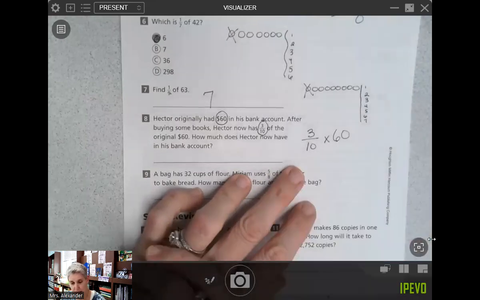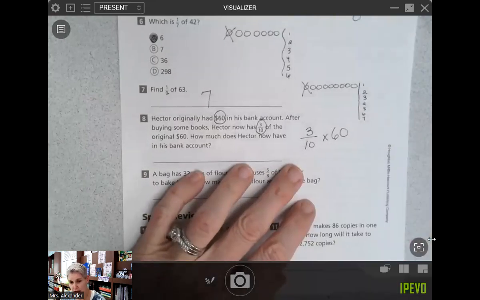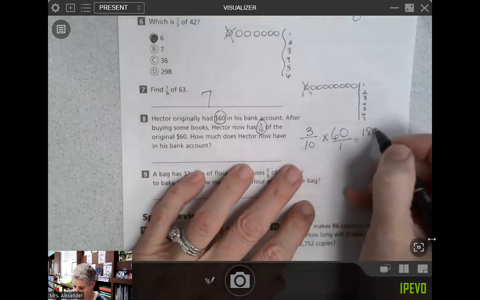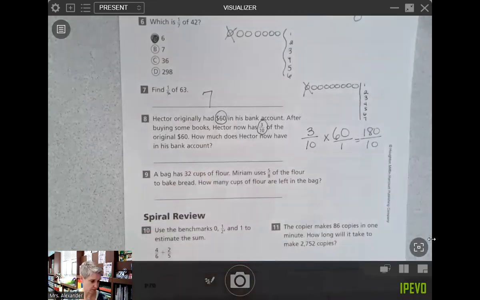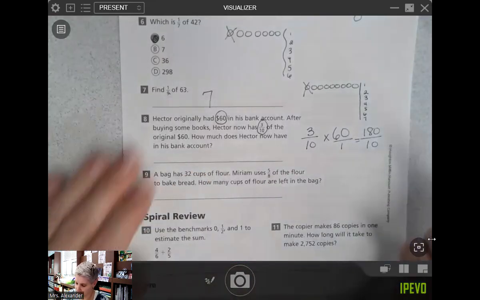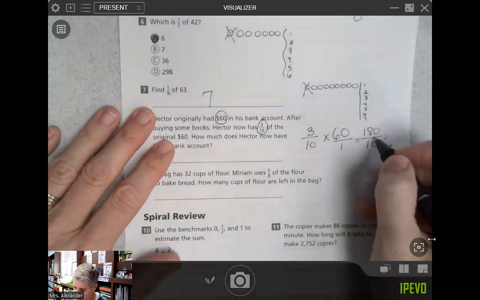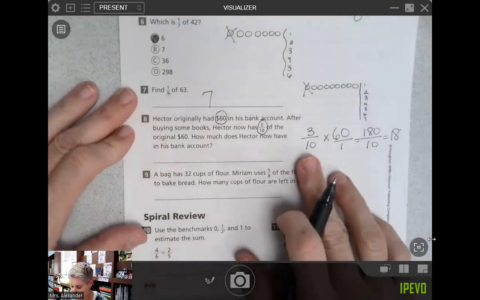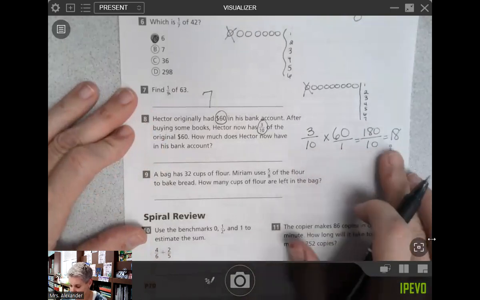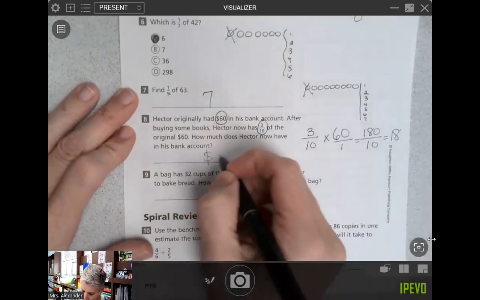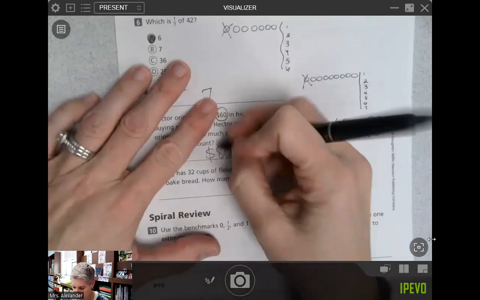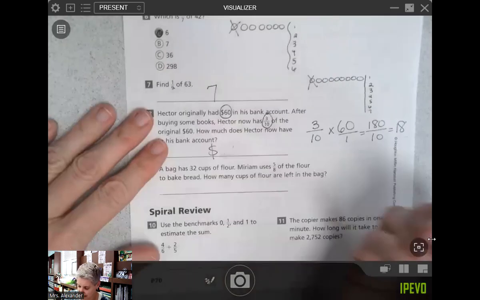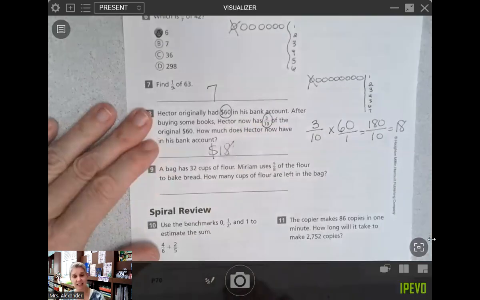I would have 6 to get me to 60, 3 of each of those. So if I do that, I could have 180 tenths, which would equal 180 divided by 10 is going to give me 18. So if he has 3/10 of $60 left, that means he has not 80. Oh my goodness, he can't end with more than he started off with if he spent it. He would have $18.